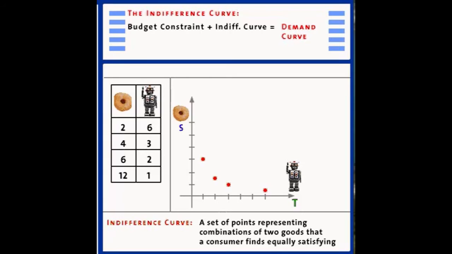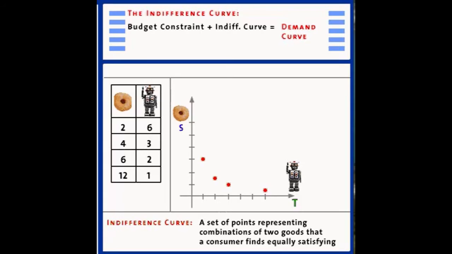Now, you can imagine that there are a lot of other combinations in between these dots that represent combinations of toys and snacks that Chris finds just as satisfying. We can represent these infinite possibilities by connecting the dots and drawing a curved line that we call an indifference curve.